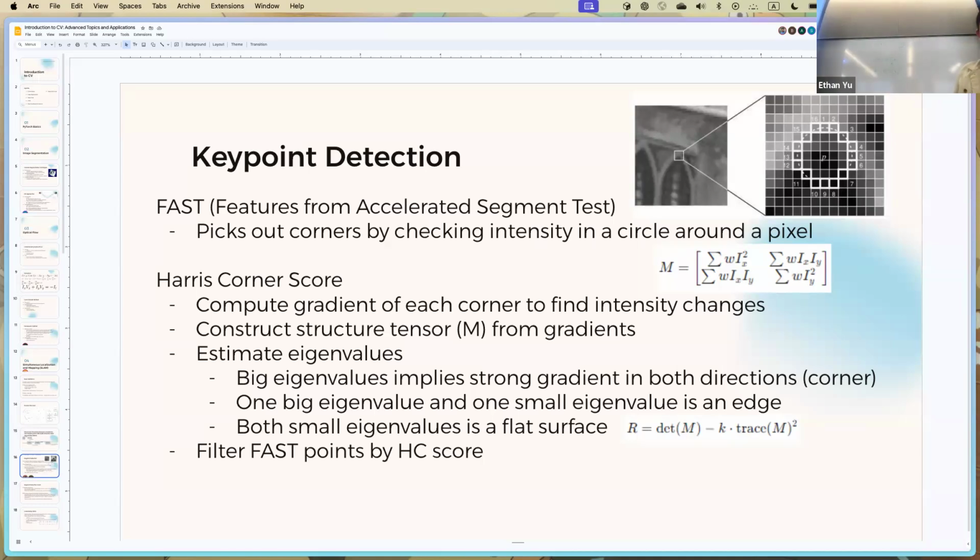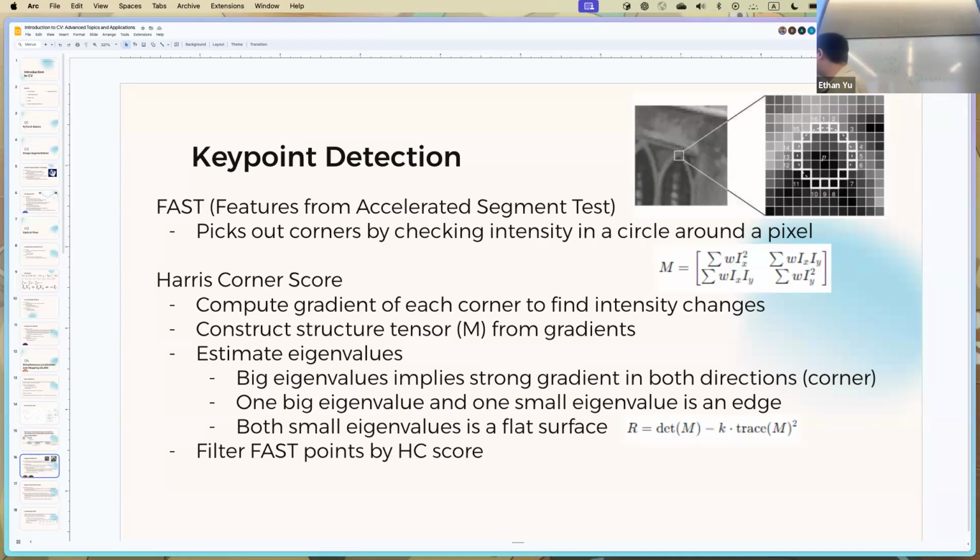In this case, we have a 2x2 matrix. So the determinant of M is just lambda1 times lambda2, and the trace of M is equal to lambda1 plus lambda2. You can see here, when you're multiplying numbers together, if they're both big, you'll have a very big determinant of M, and a decently sized trace of M, but the product should be much larger than the sum, in which case R is some big number.